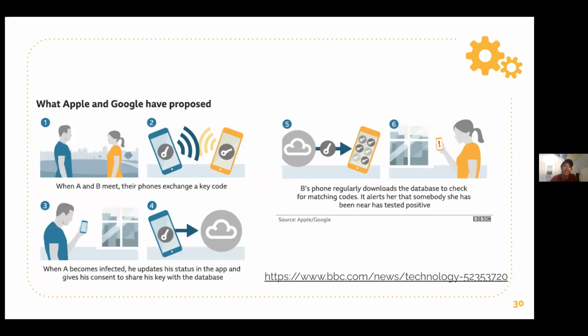But basically, you have a key code on your app, and it uses Bluetooth. So if you're within, let's say, 6 feet of somebody, it'll exchange your key code with everybody that has this app in the vicinity.